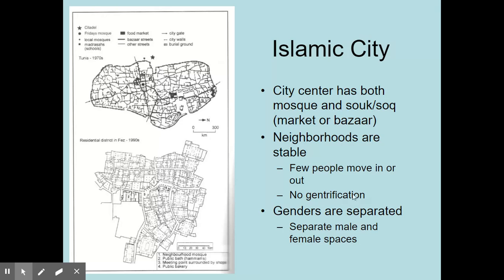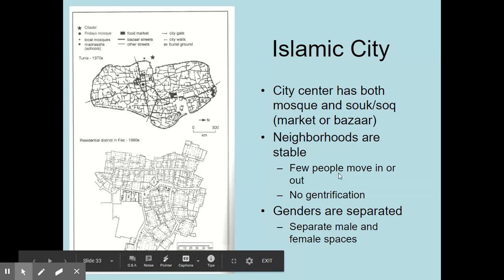And there's no gentrification because it is really more historical, as this has grown over time. Each group has superimposed over each neighborhood because of religious significance. But interesting that the genders are separated as far as access to the cities.